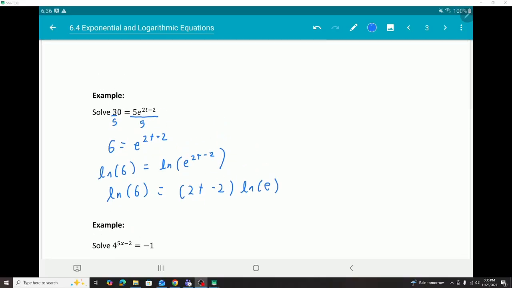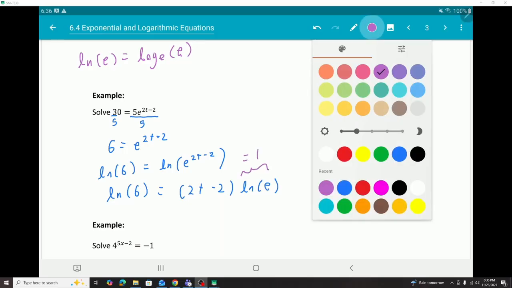But something happens here. The base of natural log is e. So when the base is the same thing as what's inside of the log, this guy is just equal to 1.